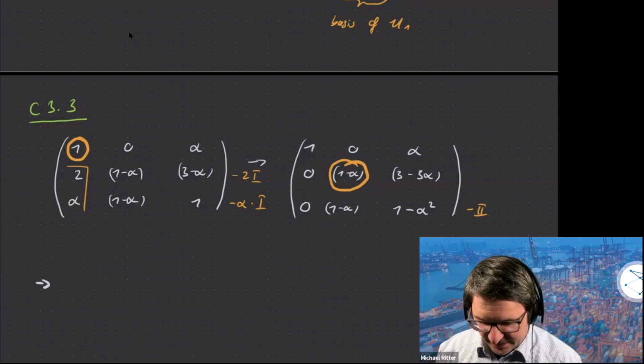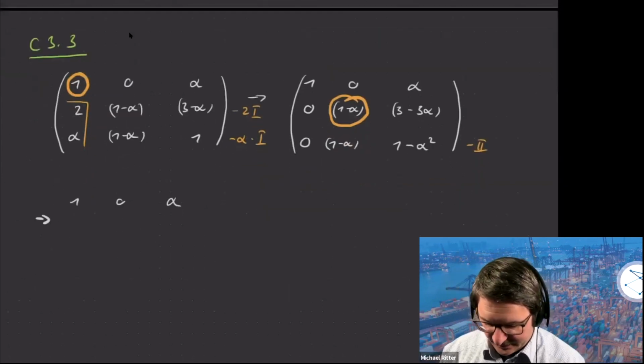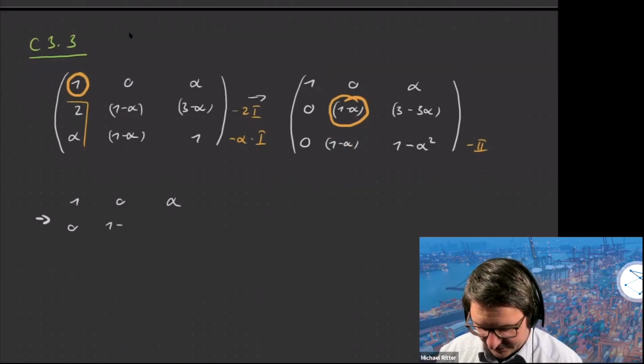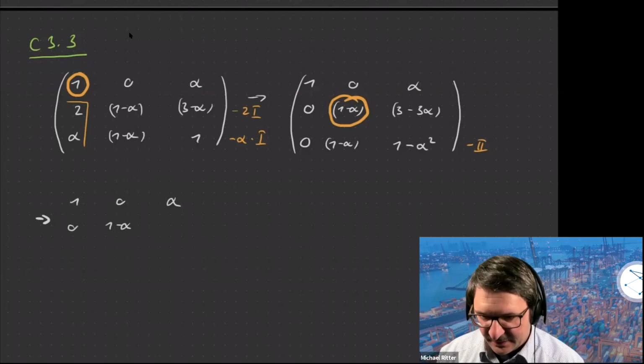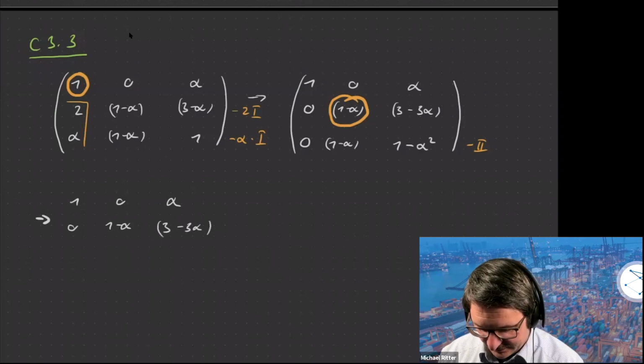So what do we get? We have 1, 0, alpha once again. We just copy the second row. That is 3 minus 3 alpha. And the last row, that becomes 0.